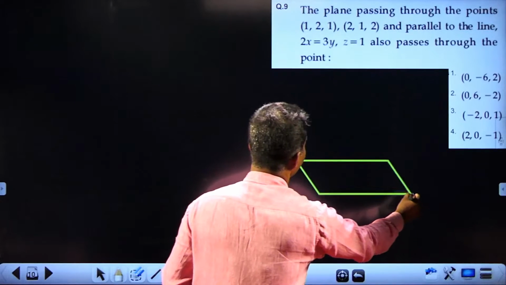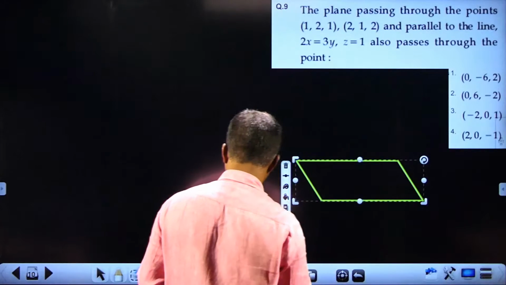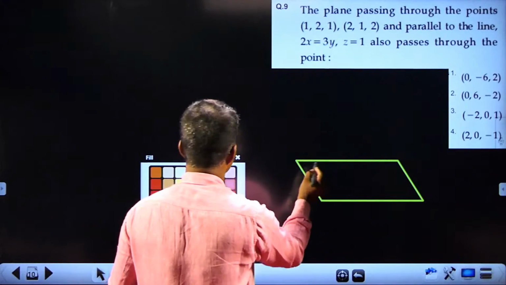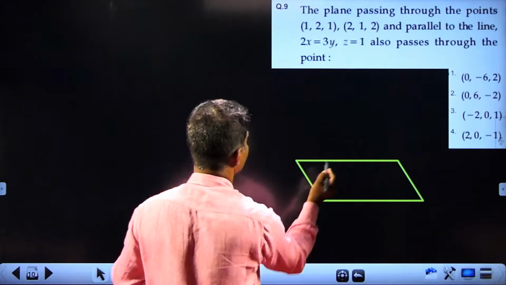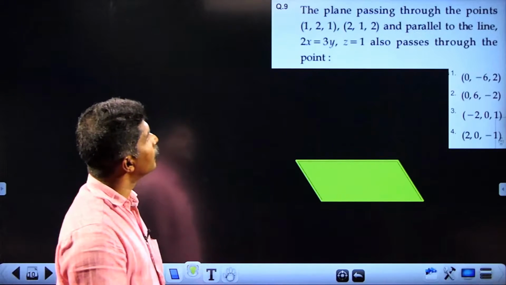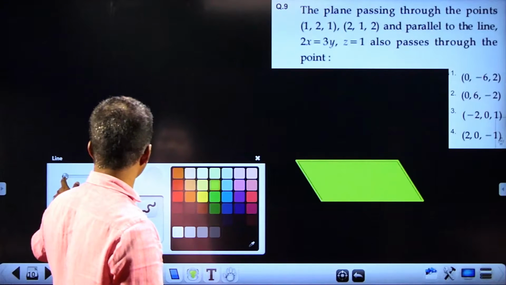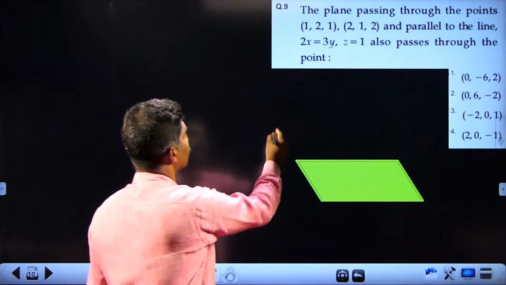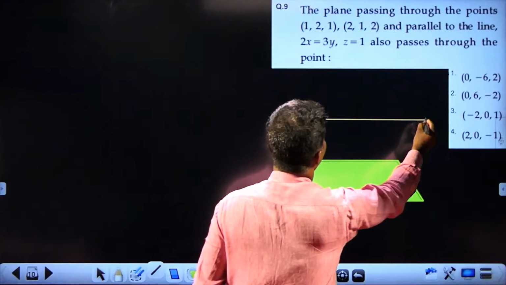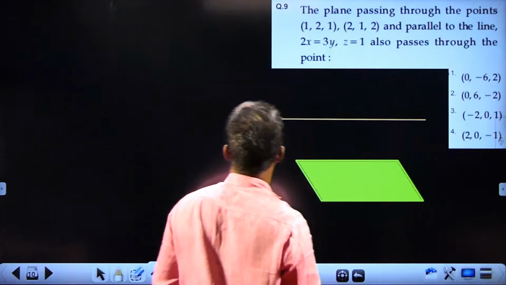So here is a plane, and this plane is parallel to a line. What is the equation of this line?